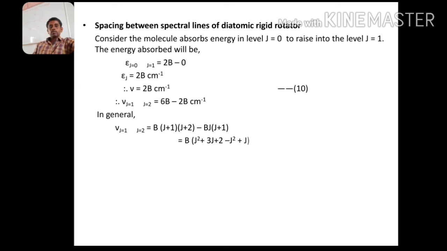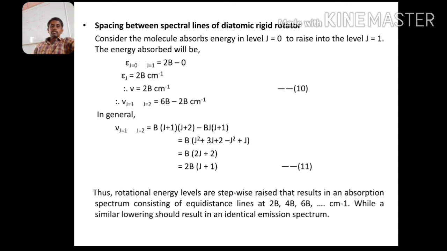That is equal to B into (J square plus 3J plus 2 minus J square minus J), which is B into (2J plus 2), or 2B into (J plus 1). Equation number 11.